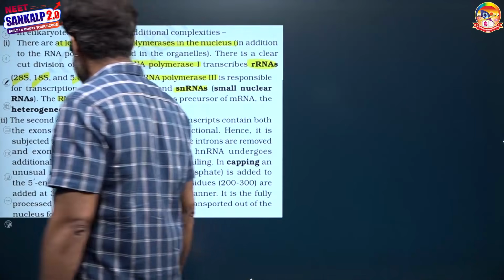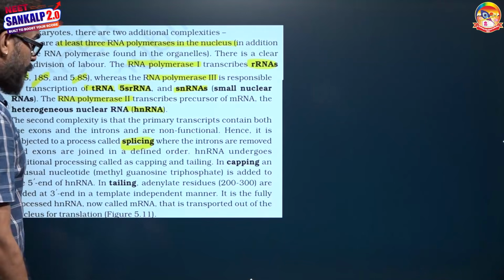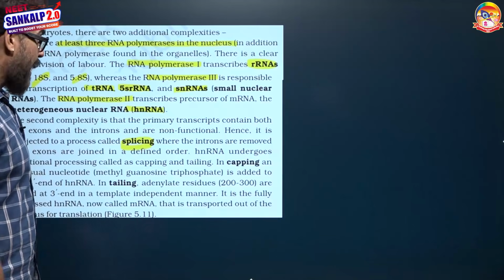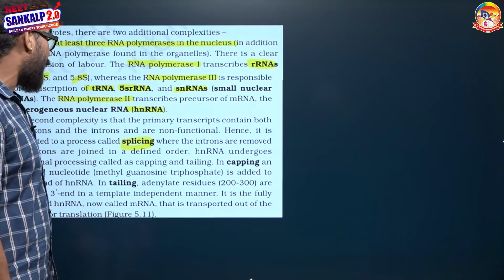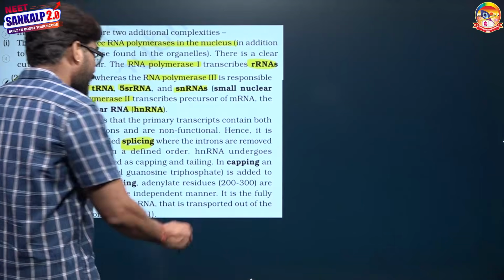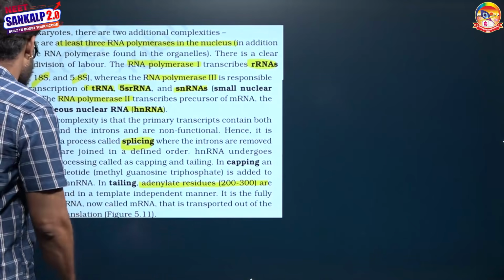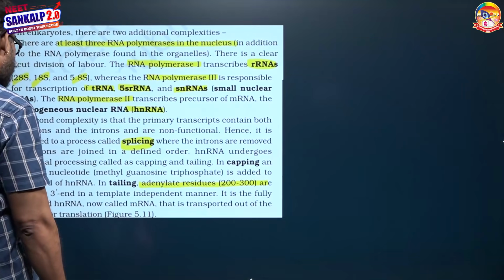Not only splicing, with the help of which capping and tailing, cap formation and tail formation, also occur here. The cap gets formed at the 5' end of the messenger RNA and the tail is formed at the 3' end of the messenger RNA. The tail is made up of 200 to 300 adenylate, meaning adenine nucleotides.